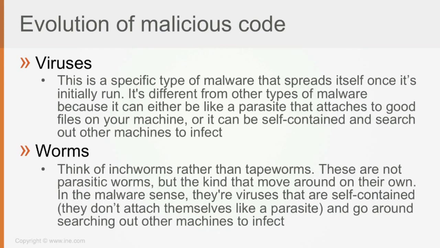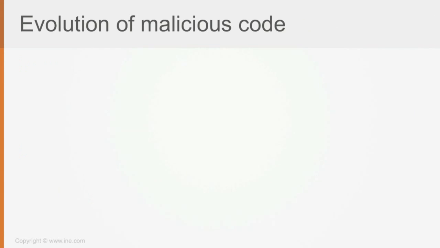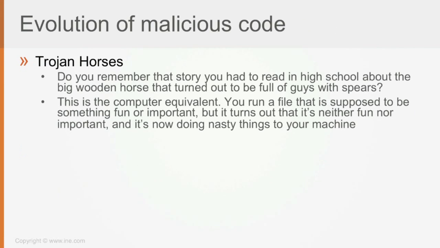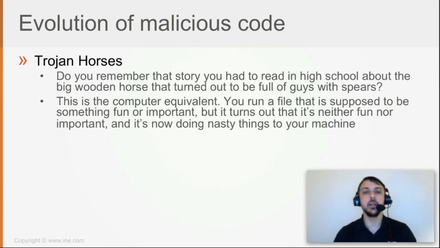Then what came up next were the Trojan horses. If you remember the story you read in high school about the big wooden horse that turned out to be full of guys with spears, pretty much that's what a Trojan horse is. For example, the user receives a PDF file or a JPEG file across email or across the web and opens the file.